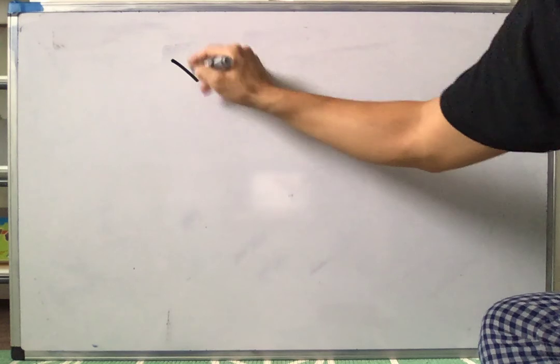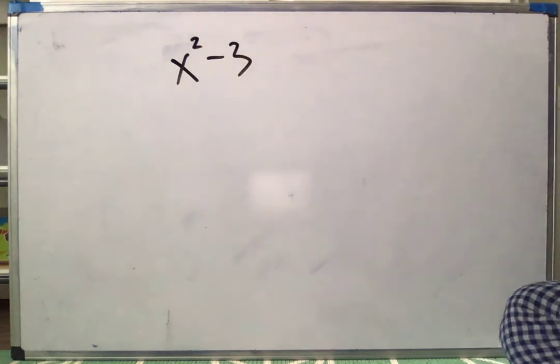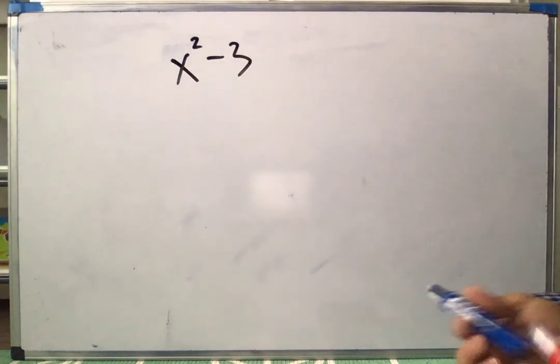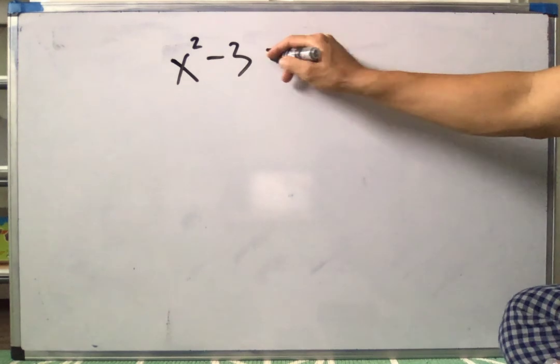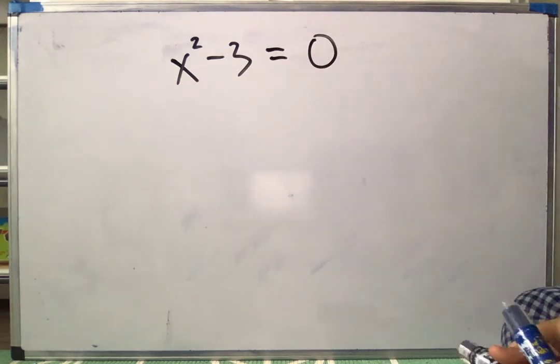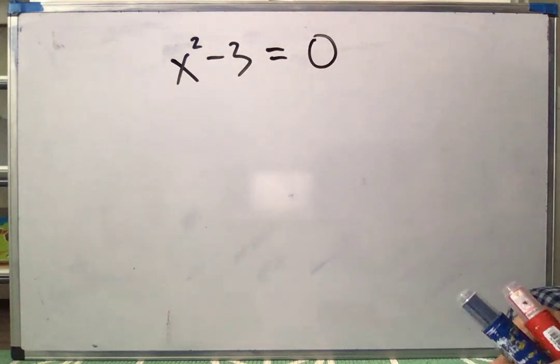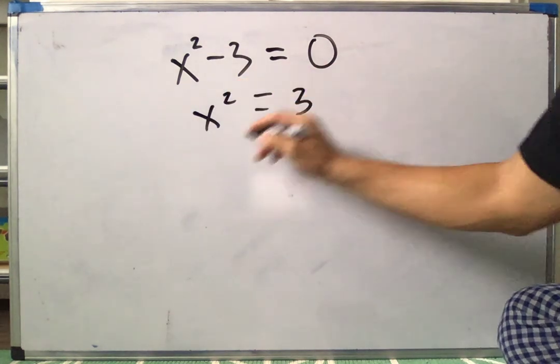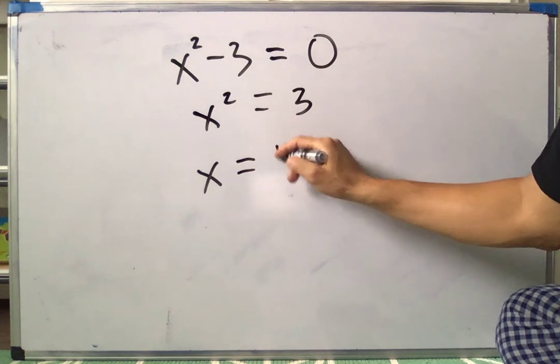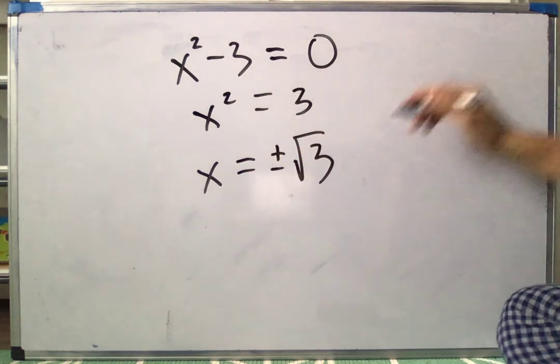So all I need to do now is find the remaining zeros from this piece. I could use the quadratic equation here, or the easier way is just to set that equal to 0. Remember, the quadratic equation is just telling me when that thing is equal to 0 anyway. So to solve this, add 3 to both sides. x squared is equal to 3. That means x is equal to plus or minus the square root of 3.